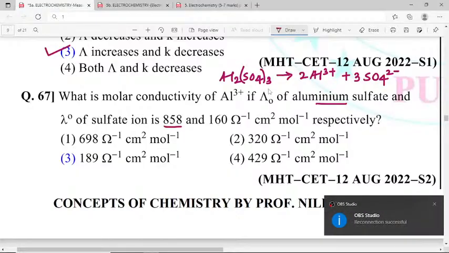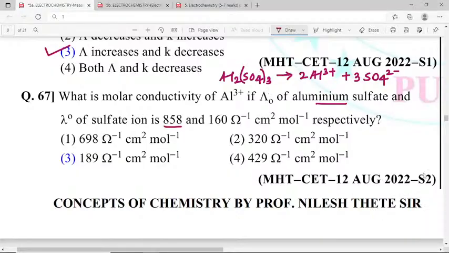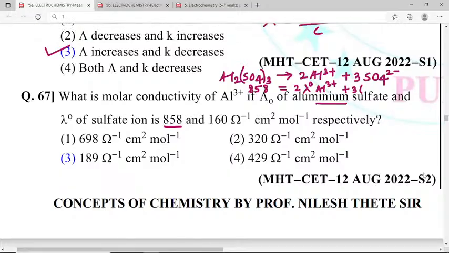Lambda naught of aluminum sulfate has a value of 858, which is equal to 2 times lambda naught of Al3+ plus 3 times lambda naught of sulfate, 160. So multiply by 160, then subtract and then divide by 2. We will get the answer 189.